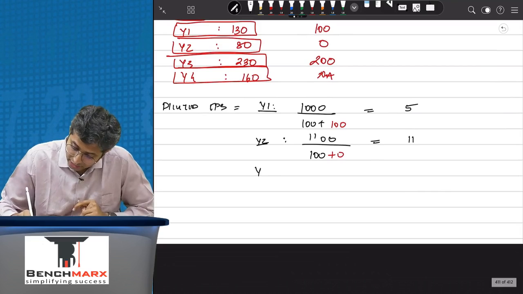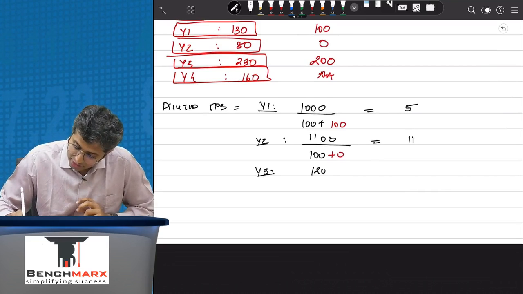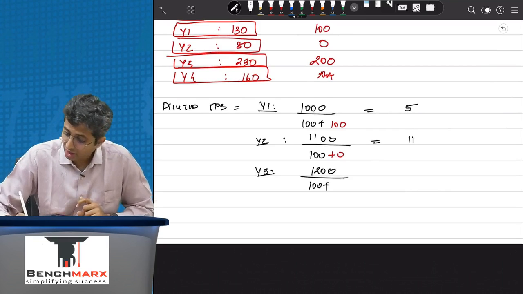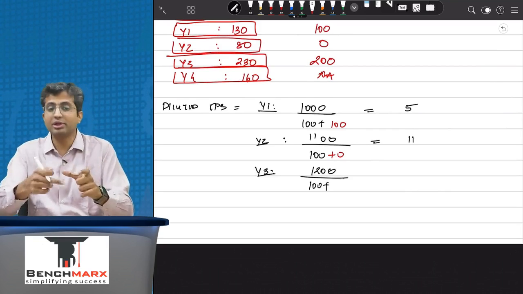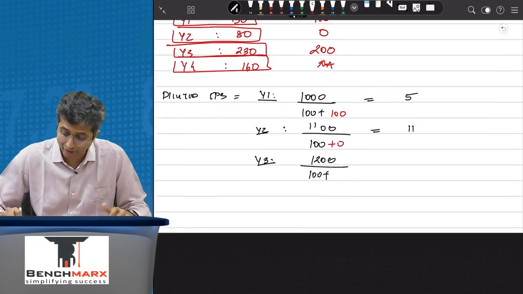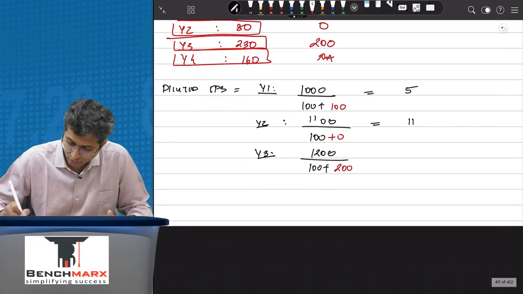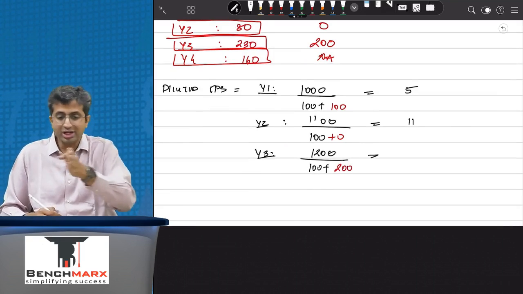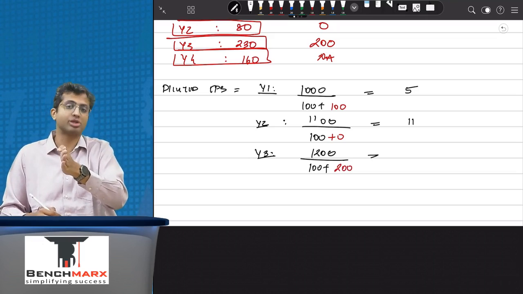But when you go to the third year, the profit is 1200, but in the denominator you will take 100 plus your 200, which are potential for the entire year. They will become actual from the start of the next year or the last day of the year, but they are potential for the entire year. This is 200. If the current period were to be the end of the contingency, then throughout the entire year, 200 shares are potential.